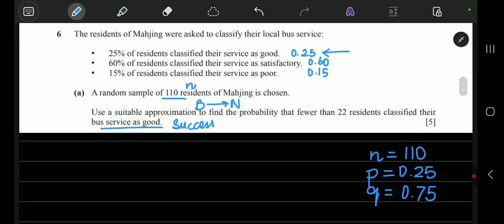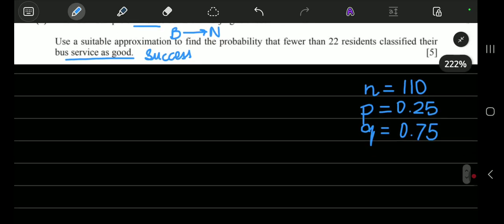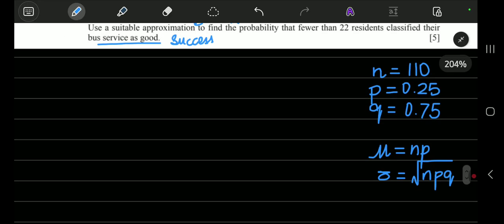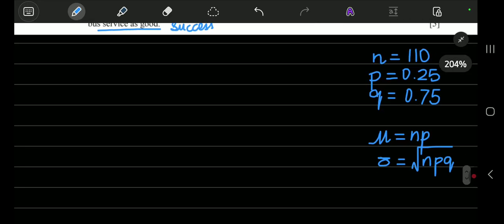Now we know some of the formulas to use for binomial to normal approximation, and those are mu, the mean, equals np, and standard deviation equals root npq. Okay, and also we have to do some corrections, which we will be doing.